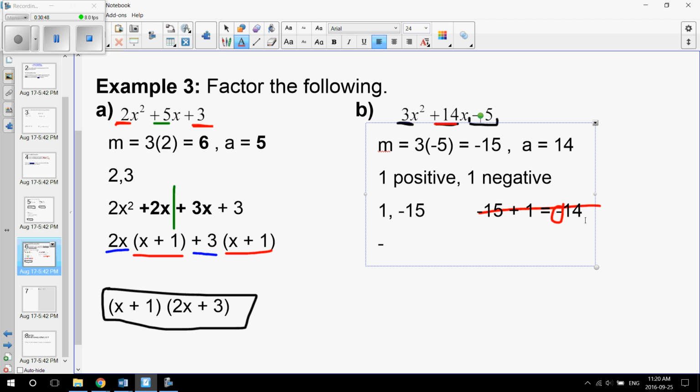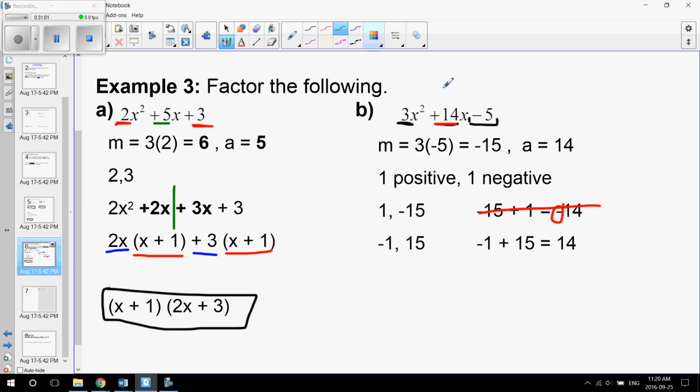Let's try negative 1 and positive 15. So negative 1 plus 15 is equal to a positive 14, which is exactly what we want. So we know that our two numbers are going to be negative 1 and positive 15.